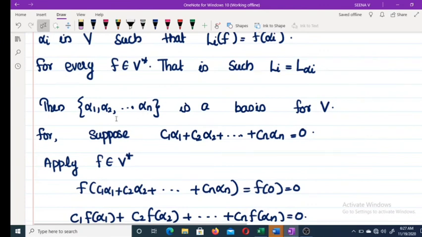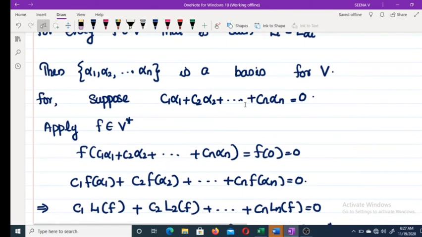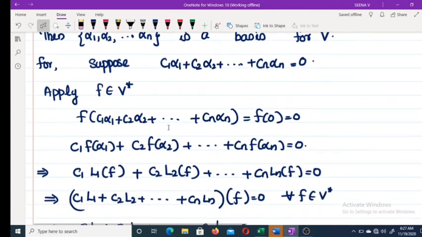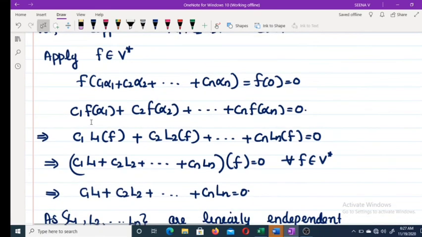Therefore, to prove this set is a basis, it is enough to prove that it is linearly independent. For this, suppose c1α1 plus c2α2 plus ... plus cnαn is equal to 0. Now apply f: f of c1α1 plus c2α2 plus ... plus cnαn is equal to f of 0, which is equal to 0. Applying the linearity property, c1 f(α1) plus c2 f(α2) plus ... plus cn f(αn) equals 0.